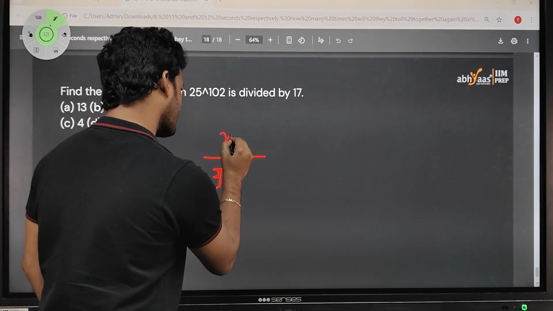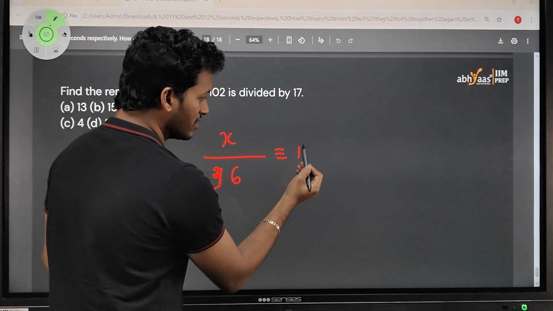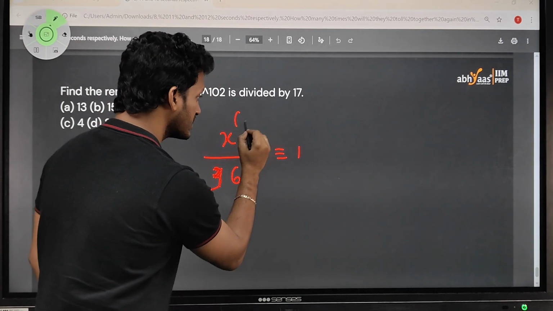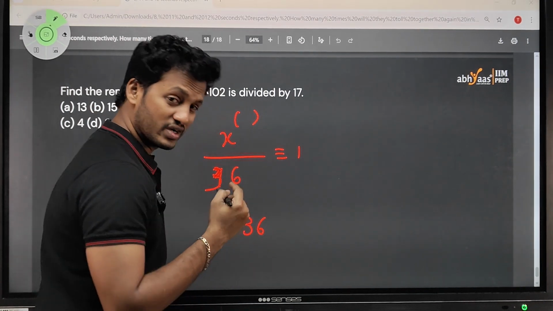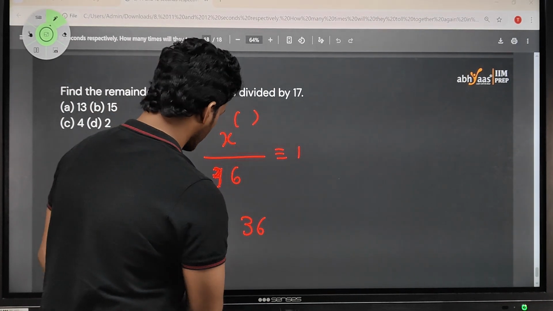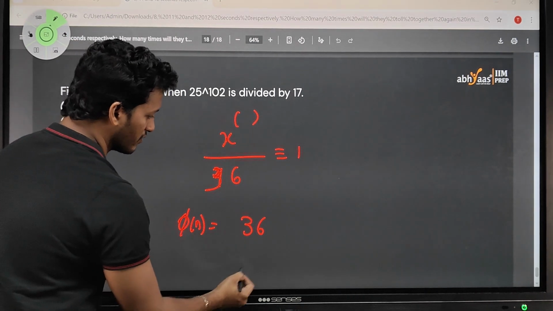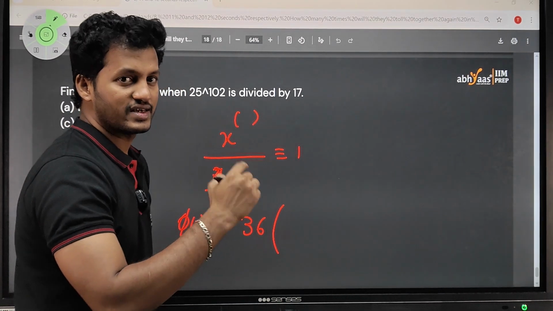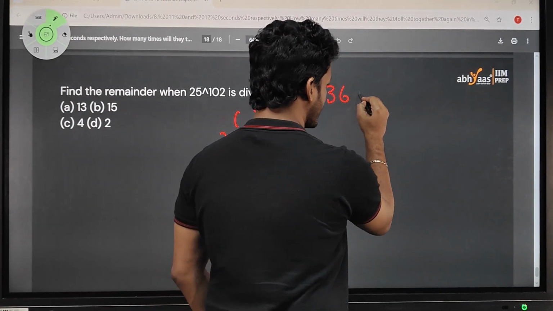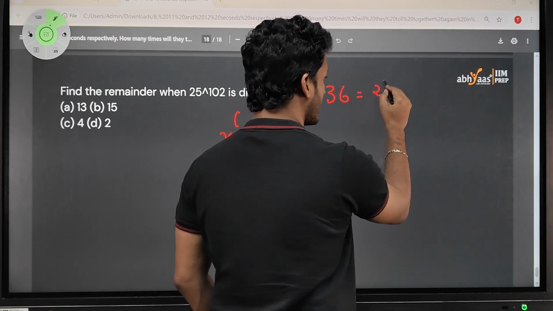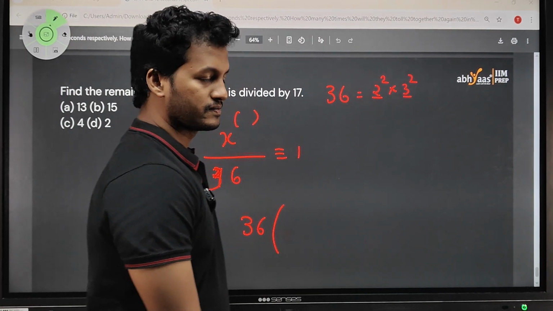It will leave remainder 1 only when the exponent, phi of this quotient, is the totient of 36. First, let's express 36 in terms of prime factorization. 36 can be expressed as 4 into 9, that means 2 square into 3 square. The prime factors are 2 and 3.